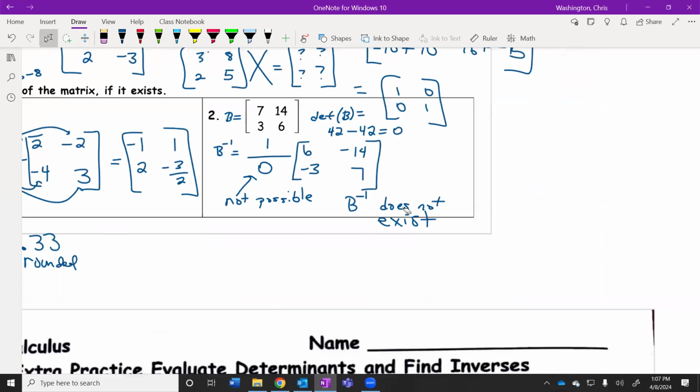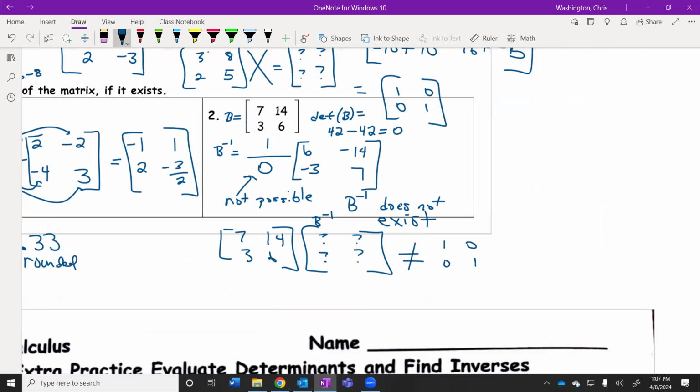In this case, take this matrix 7, 14, 3, 6. If I multiply that by any other matrix, which would be our inverse matrix, there's no way that this will ever equal the identity matrix. That is not possible. And since that's not possible, we get a determinant of 0, and the inverse doesn't exist.